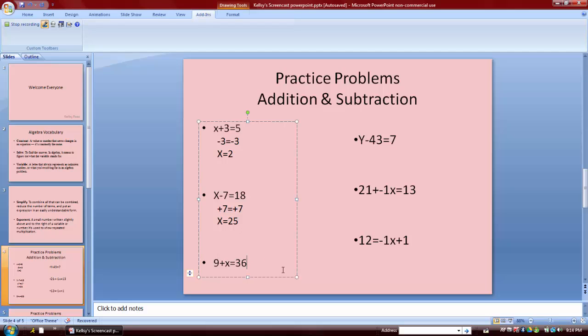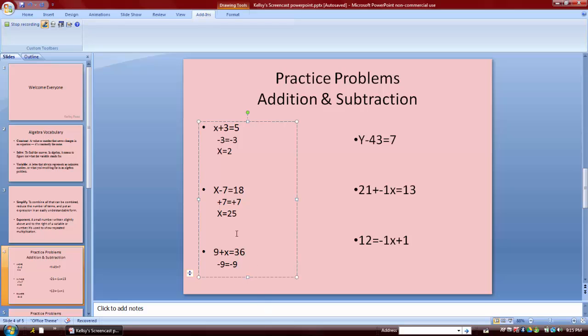Okay, the next one's a little different. So instead of the x being on the outside, which is no big deal, the number is. So since it's a positive, you would still subtract 9 from both sides. So 9 would equal 36 minus 9.